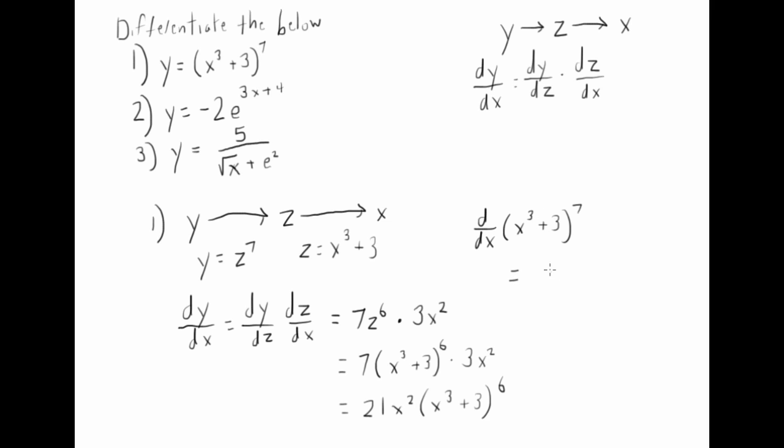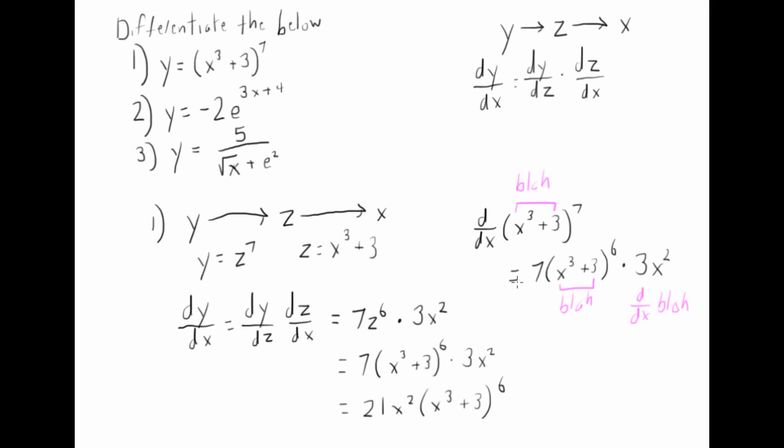The derivative of blah to the 7th is 7 blah, all this stuff stands for the blah, to the 6th, times the derivative of blah. So that is 3x squared. So the idea is I'm thinking of all this stuff here as blah. So it's blah to the 7th, there's the blah, there's the derivative, d/dx of blah.